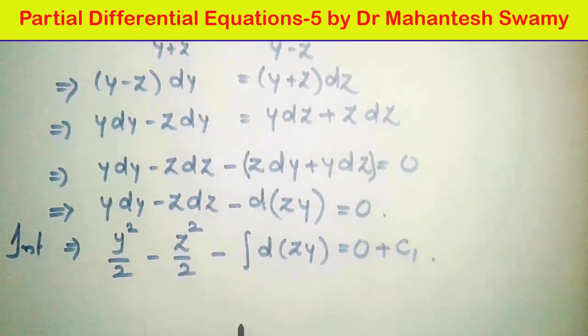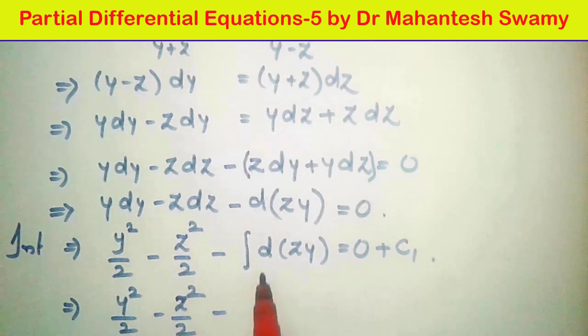So let us write down this as y square by 2 minus z square by 2 as they are, minus integration and differentiation cancelling out, only the bracket zy remains, and on the RHS it is c1.